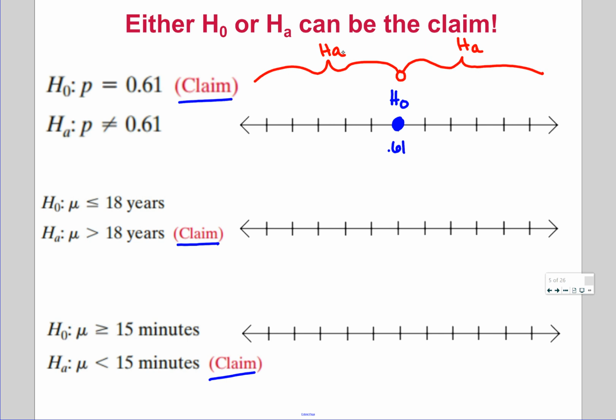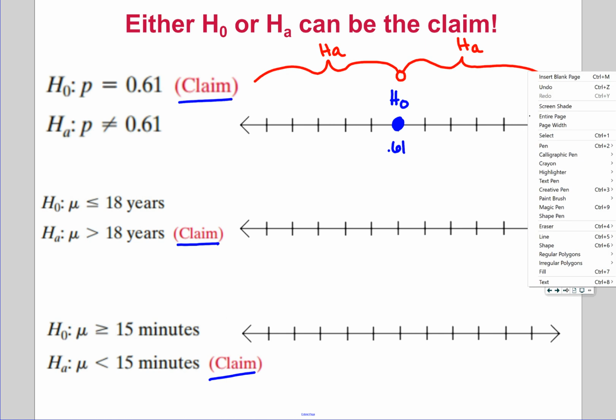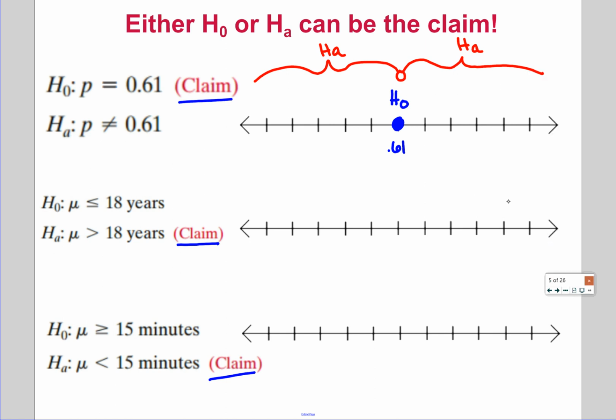For the second one, we have a null hypothesis that a population mean is less than or equal to 18 years. Okay, so that might be like, I don't know, seniors in Jackson High School. We were saying that the population mean is less than or equal to 18 years. And the alternative is the claim. Somebody is trying to say maybe that the population mean of all seniors in Jackson High School is more than 18 years of age. Okay, if I'm going to graph this, starting again with that null hypothesis, I'm going to find 18 wherever that is on my number line.